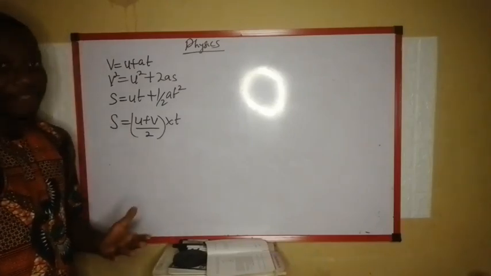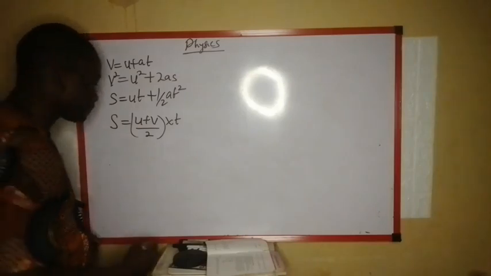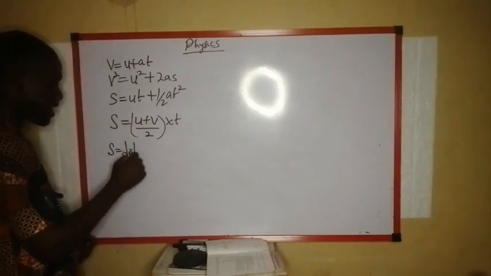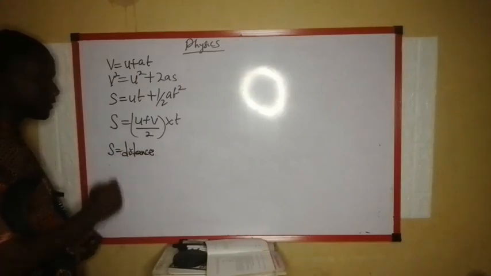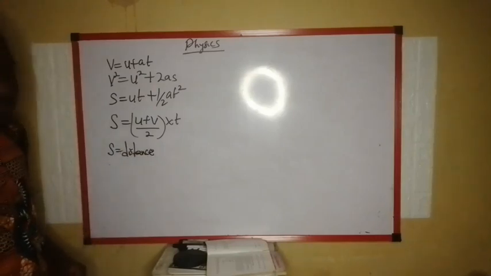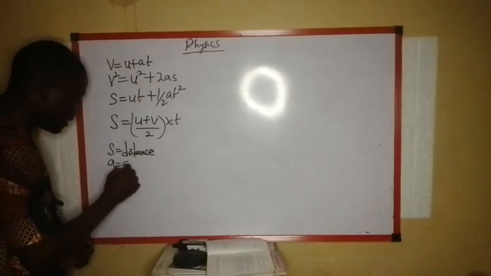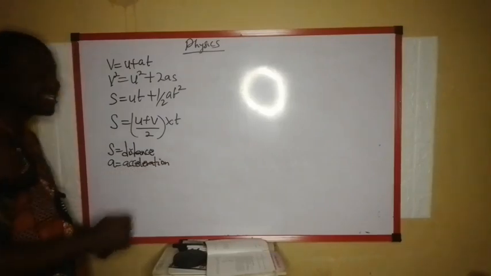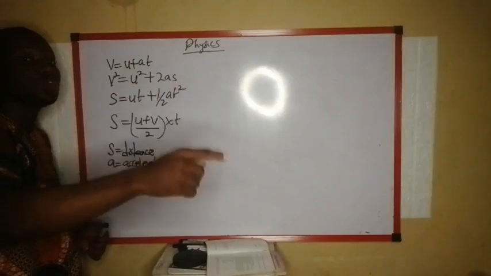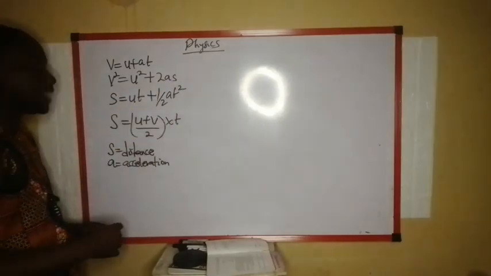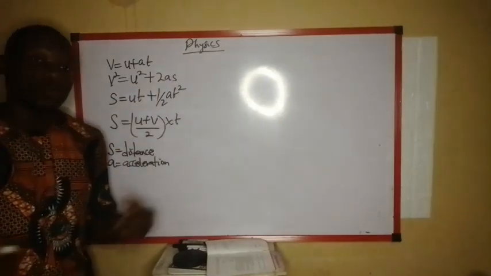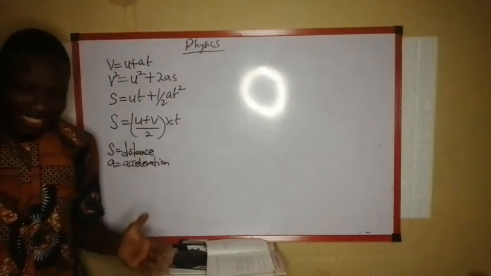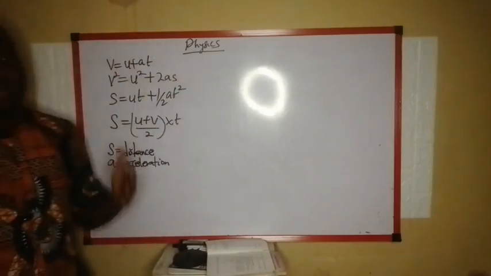What does S mean? So I'm going to say that S is distance. A is acceleration. But this A you are seeing here can also be acceleration due to gravity. So the acceleration depends on the question. If it is falling from a height, that deals with acceleration due to gravity.